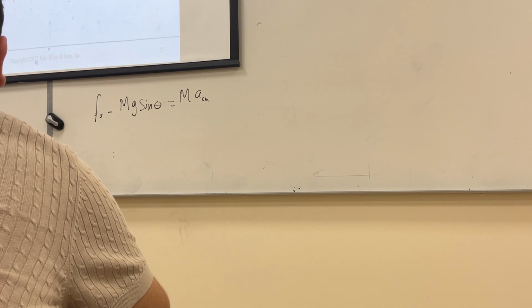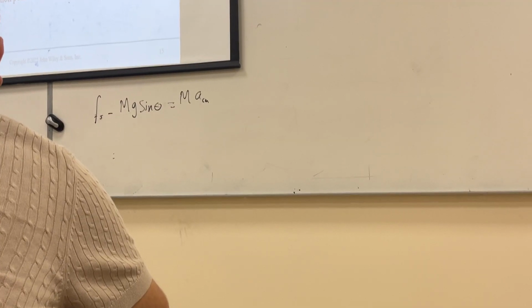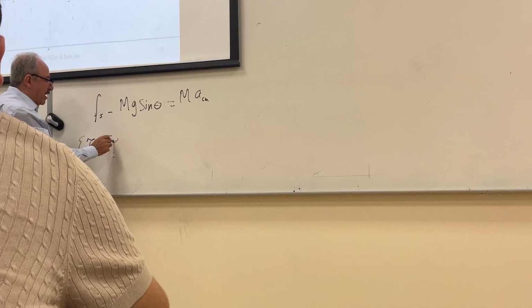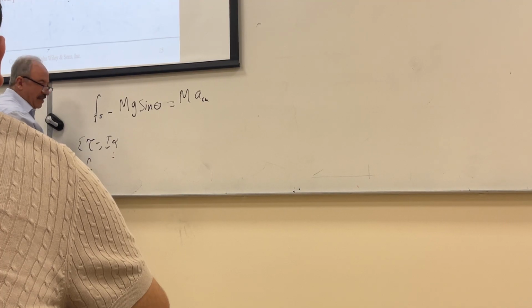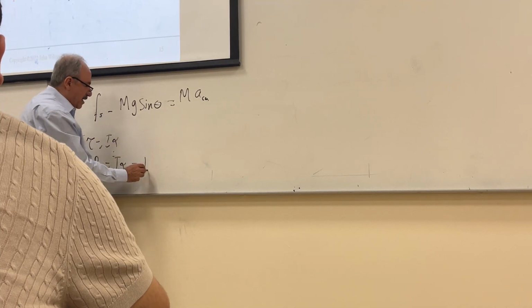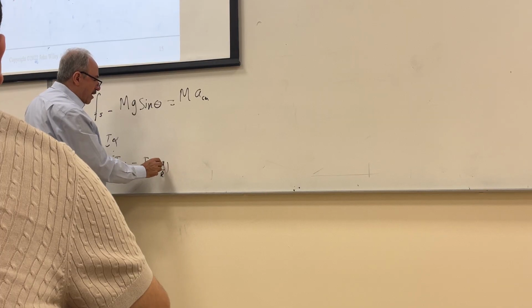What about rotation? What caused the rotation? We said about the center of mass. It's Fs, isn't it? The sum of the torques equals I alpha, and the torque is Fs times R, equal to I alpha. And what's alpha? I put minus a over R. Why?